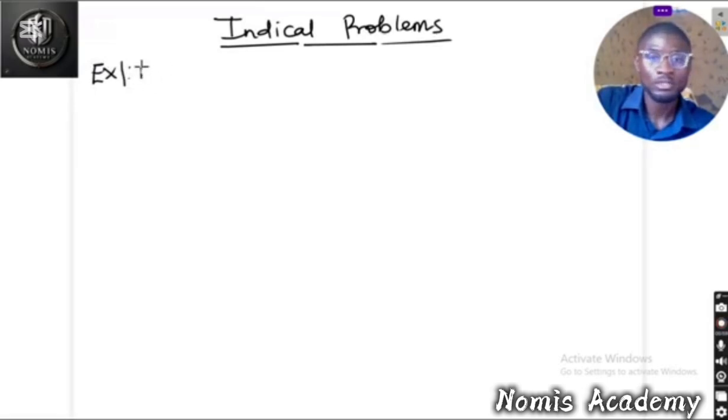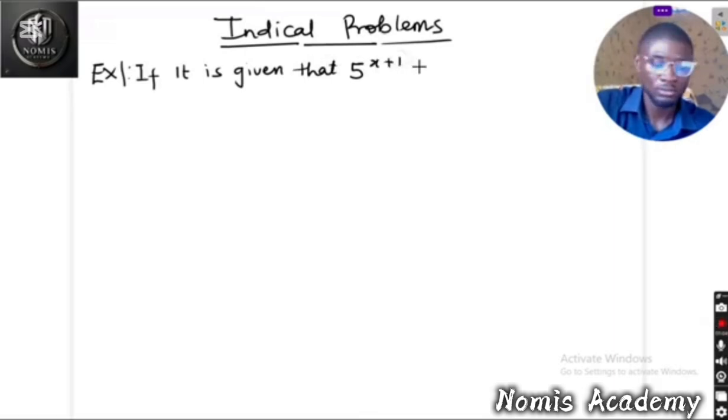Example number 1, the question says, if it is given that 5 raised to the power x plus 1 plus 5 raised to the power of x is equal to 150.